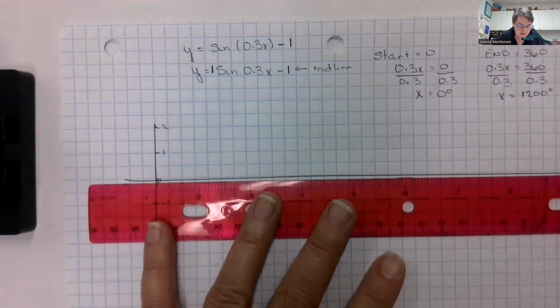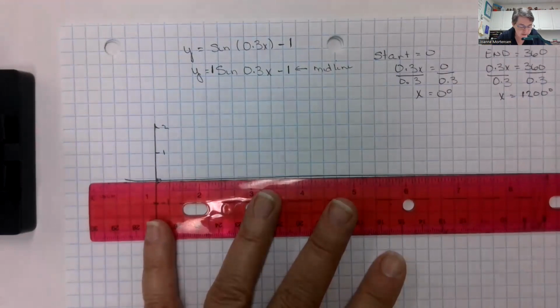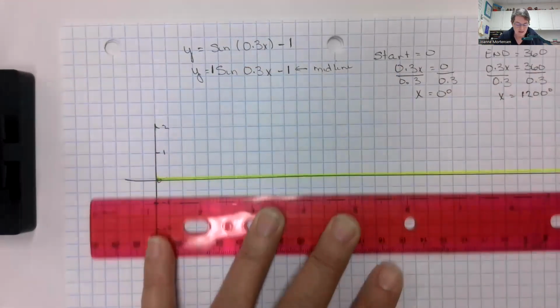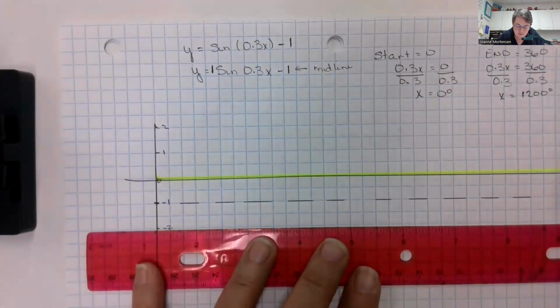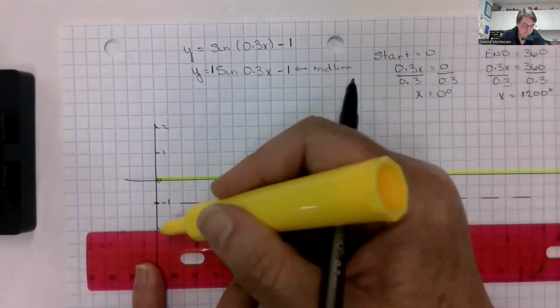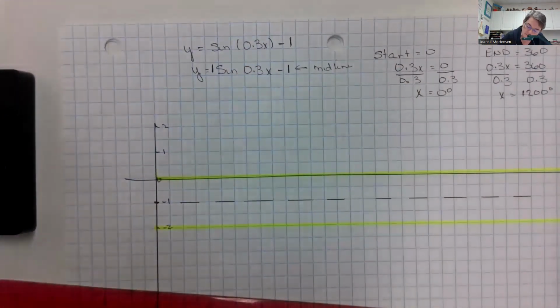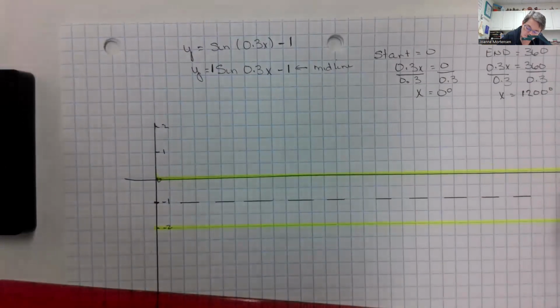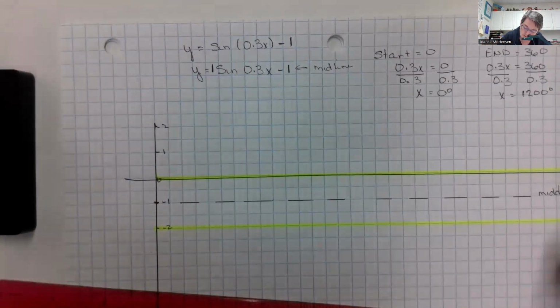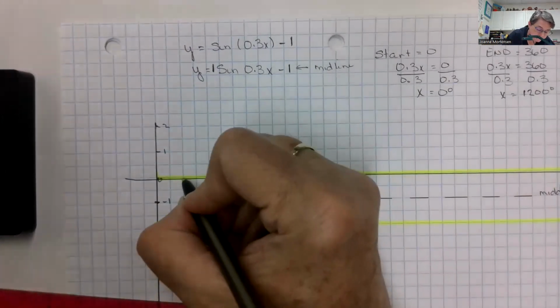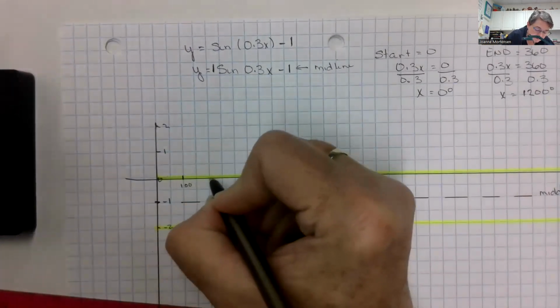So it looks like my maximum is going to be my x-axis. And my minimum is going to be -2. Oops, I said middle instead of midline. No, well, no worries. And we have to go from 0 to 1200. So I'm doing this.